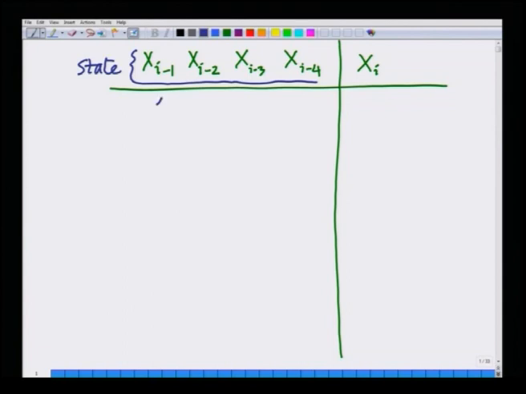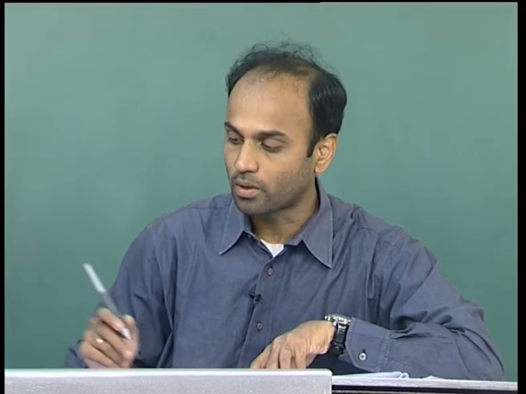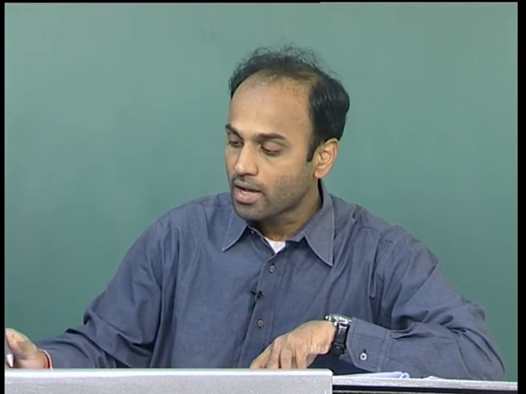Let us assume that I am starting from the all one state, that is xi minus 1 equals 1, xi minus 2 equals 1, xi minus 3 equals 1 and xi minus 4 also equals 1, and hence the output in this state is xi minus 4, which is 1. Now, remember xi is xi minus 3 XOR xi minus 4.